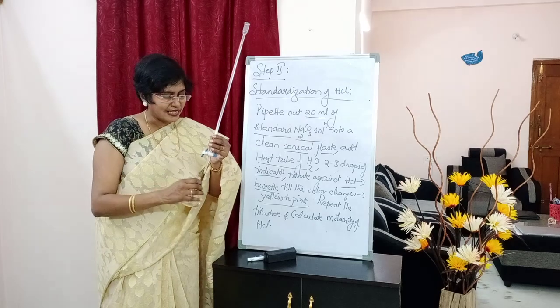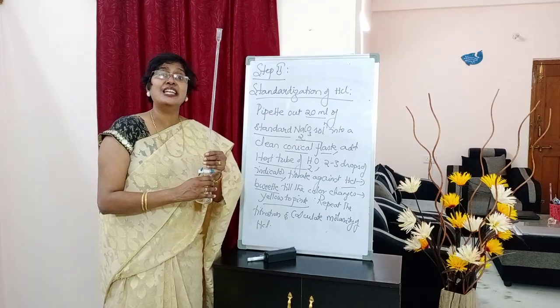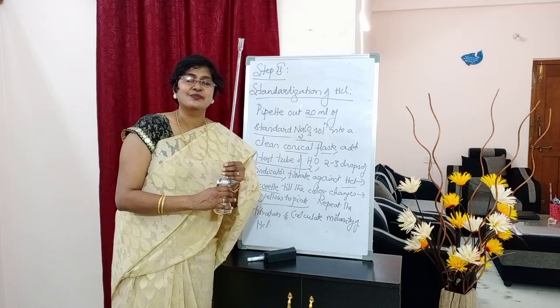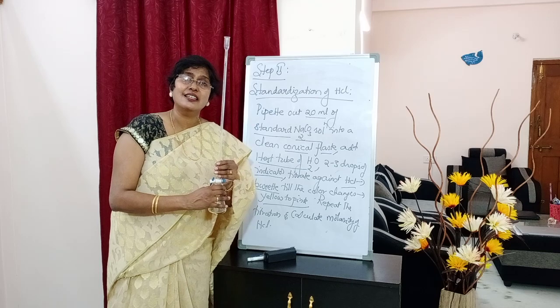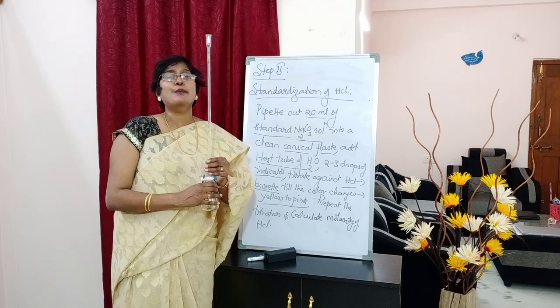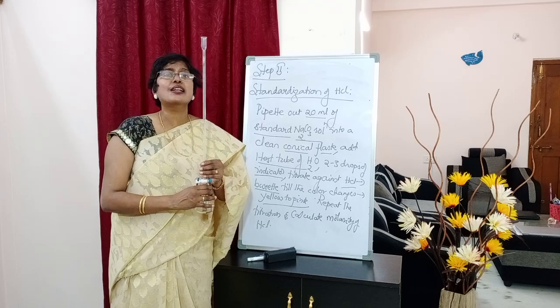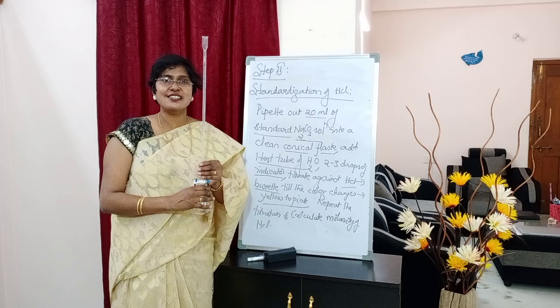We cannot know by simply seeing the solutions, right? So for that we need an indicator. When it turns pink in color, we will know that the reaction is completed and the neutralization point is reached. Understood, students?